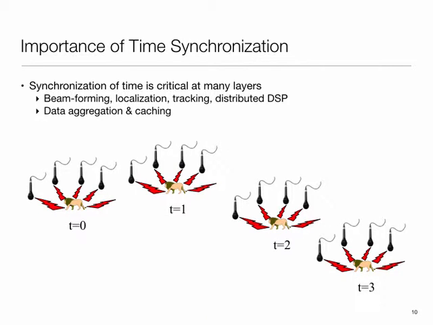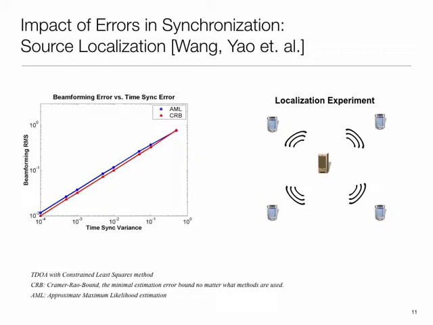When you are tracking something, a missile moving or a car moving across a sensor field, it's the same kind of issue. You have different sensors reporting multiple timestamped events, and then you combine them into some sort of trajectory using techniques like a Kalman filter. Any error in time synchronization in those cases directly translates into an error in position.